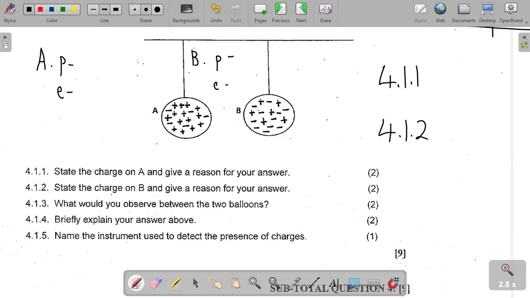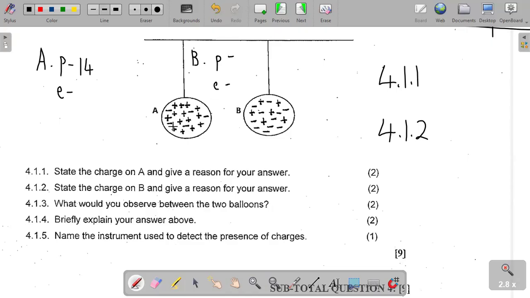So there are 14 protons inside the charged object A. Then the electrons: we count the negative charges. 1, 2, 3, 4, 5.